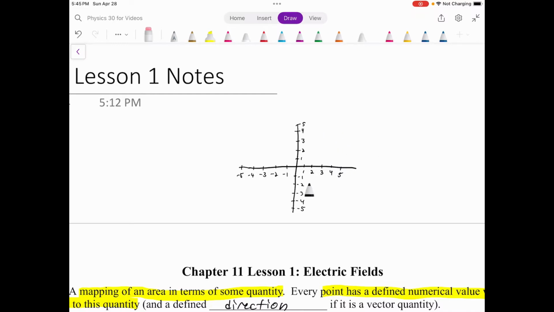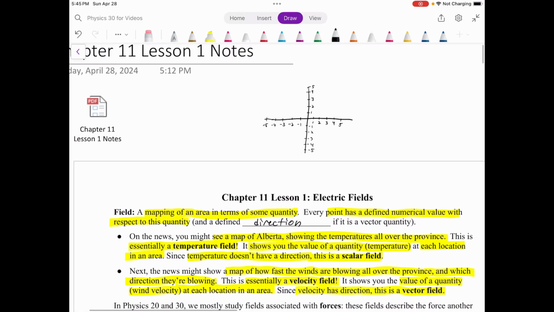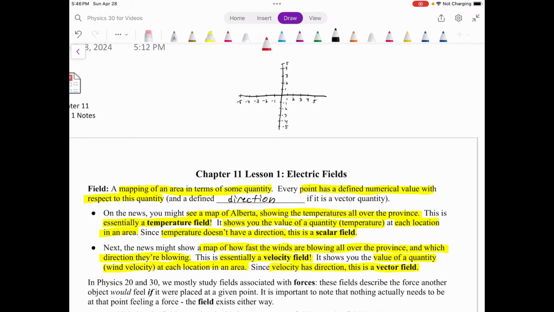Now, no one ever really calls this a position field, but that's essentially what it is, right? Note, it checks all the boxes. It maps out an area in terms of some quantity. That quantity here just being, where is it, right? What's its position? Every point has a defined numerical value with respect to that quantity, right? We could use this to describe where that point is, or that point, or that point, or that point.